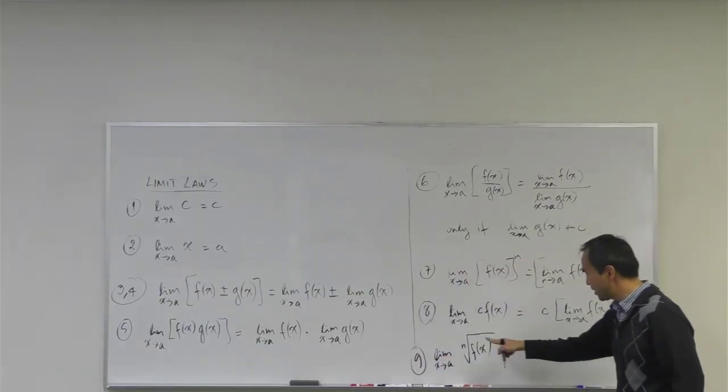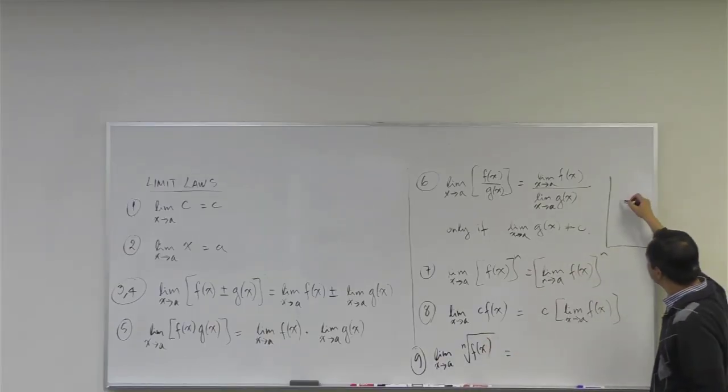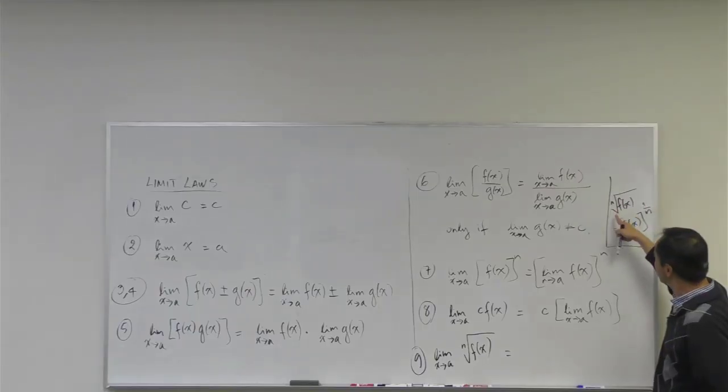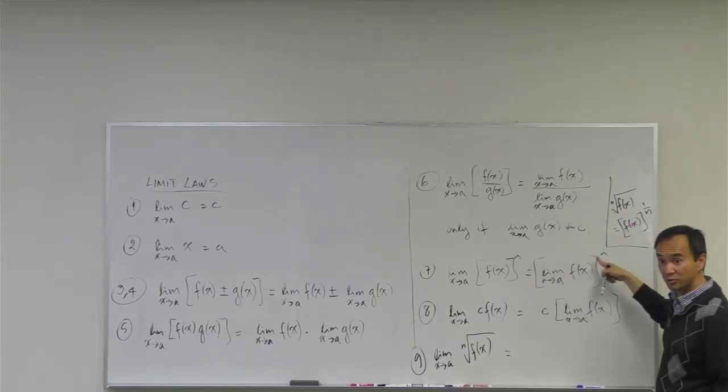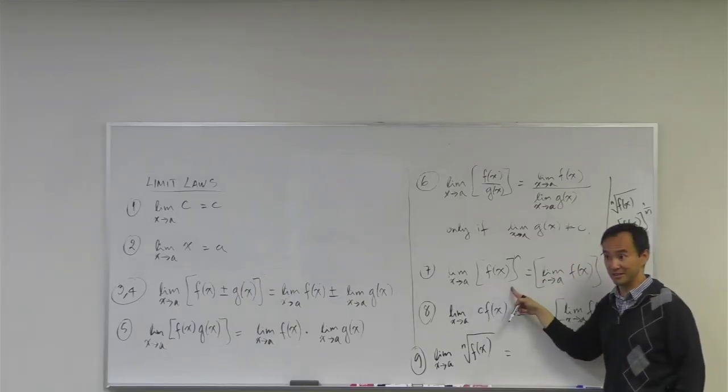But don't you agree with me on this? f of x inside of some nth root means the same as f of x raised to the power 1 over n. You guys agree? So realizing that a root is exactly the same as a power, the way it works will be very similar to the way we take limits of a power of a function.